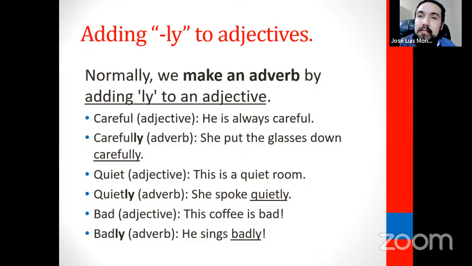Carefully describes the manner, the way in which something happens, the how of that situation. Quiet, adjective. This is a quiet room. We describe the room. Quietly, she spoke quietly. We describe how she spoke, the action of speaking. Bad, this coffee is bad. That's adjective. And badly, he sings badly. That is an adverb.